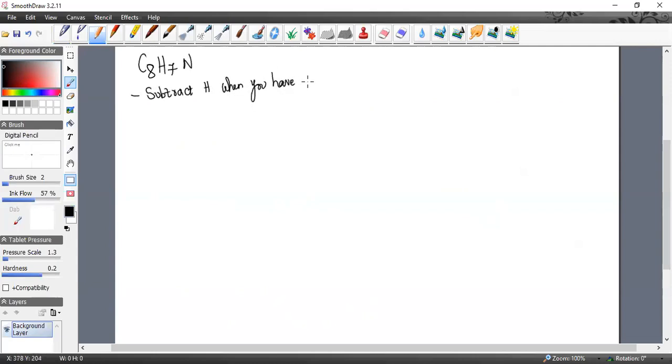Now, I am only showing you a situation where there's only one nitrogen or one oxygen or one halogen. If you have 3 nitrogens, then you have to subtract 3 hydrogens. If you have 4 bromines, then you have to add 4 hydrogens, okay? So I'm not showing all those here because it's the same logic, all right? And then, again, you're not subtracting the hydrogen permanently, you're just subtracting to do the math.